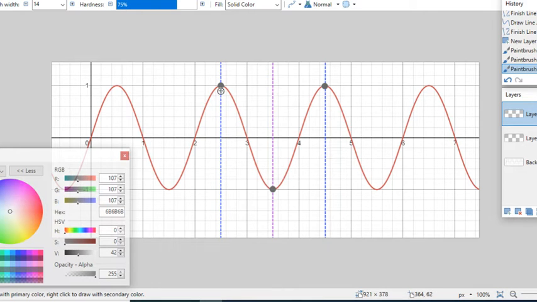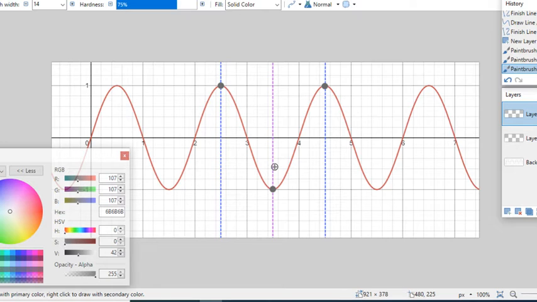So in that sense, it makes sense. Since the sine wave's perfectly symmetrical, we just need to capture the highest point and the lowest point. And that requires 2 points for every cycle.